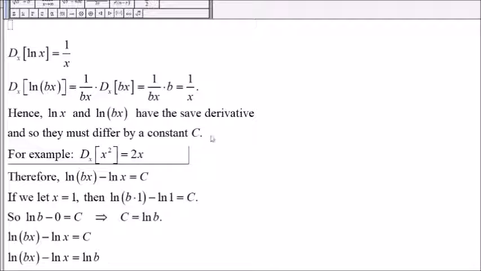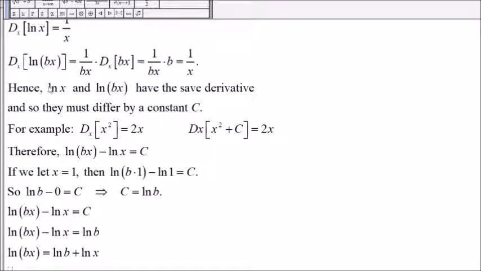And if we take the derivative of x squared plus some constant c, the derivative is also 2x. And so they differ by the constant c. So if two functions have the same derivative, then they must differ by a constant c.